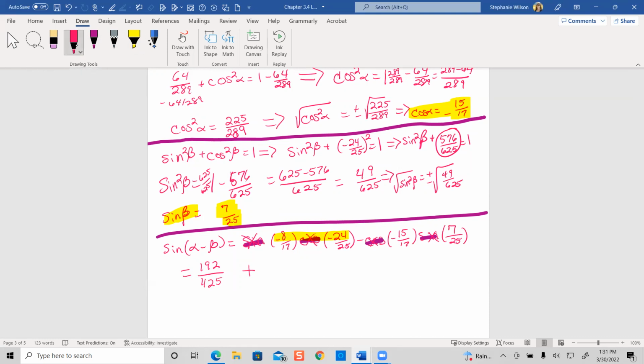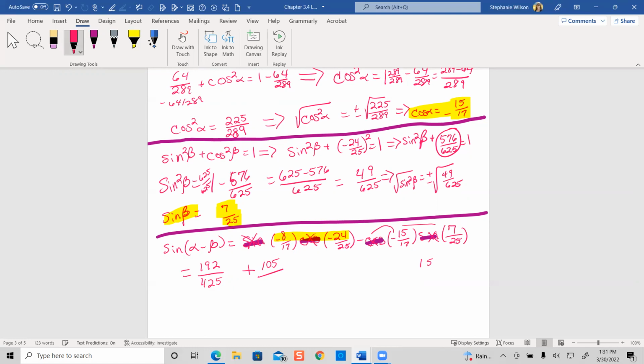So I got that negative that's going to make this a positive, right? Negative times negative, and then there's a positive here, so that didn't change. So I got 15 times 7, 21. Double check my math. That's not 21. So 15 times 7 is 105.